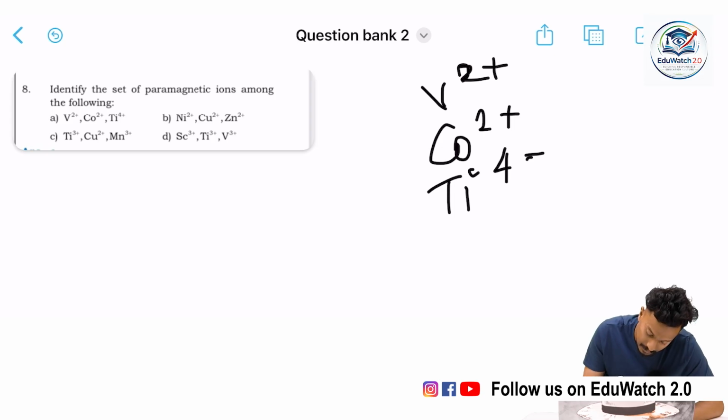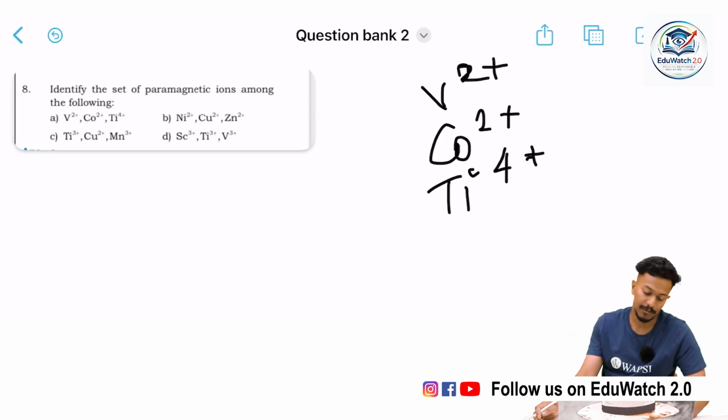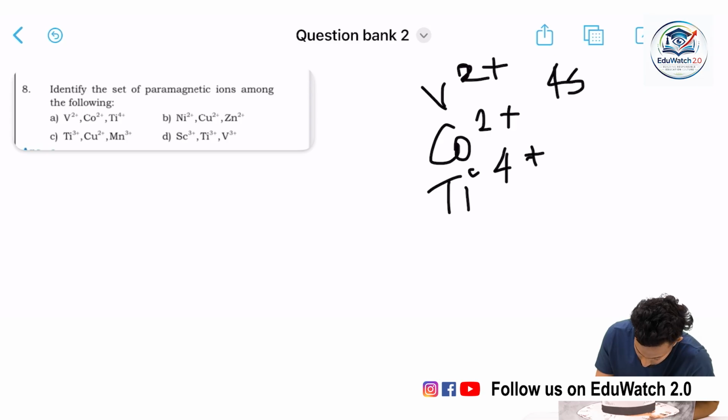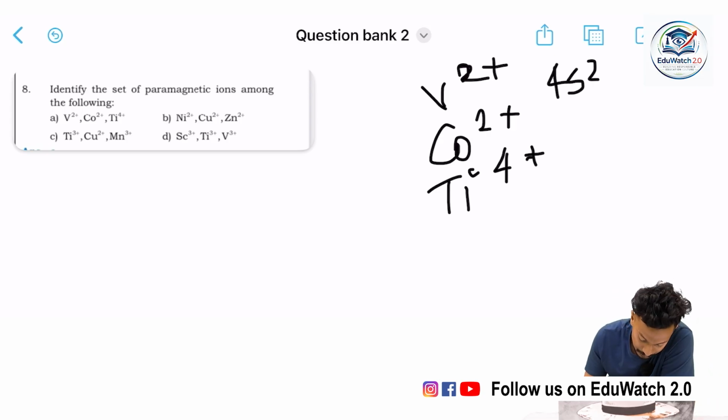V2 plus. Vanadium has 4s2 3d3, and upon removing 2 electrons it gives 4s0 3d3.